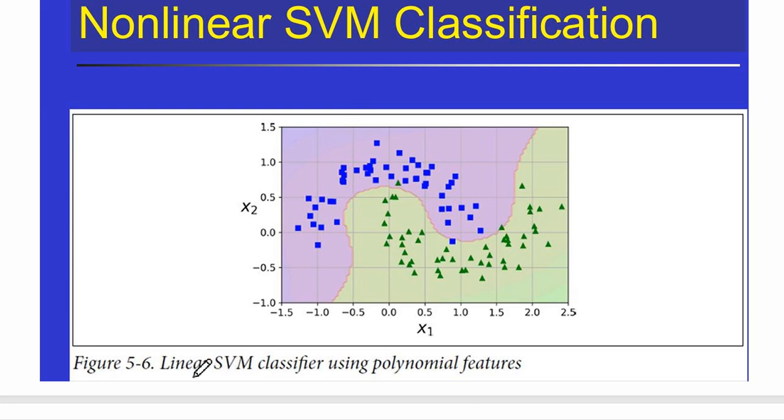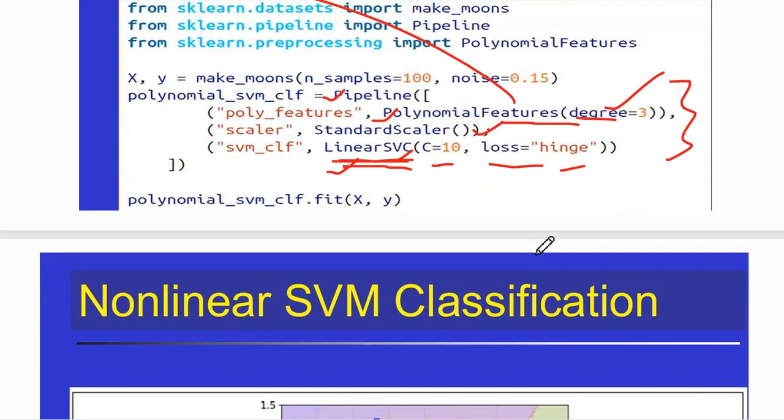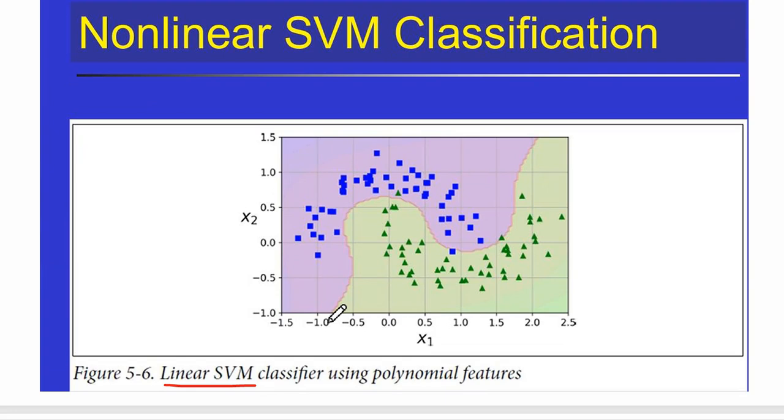Here I am taking the degree equal to 3, so the data is separated like this. Below this curve we have all the green class points, and above this curve we have all the blue class points.